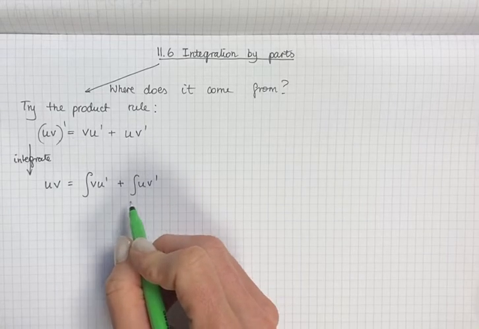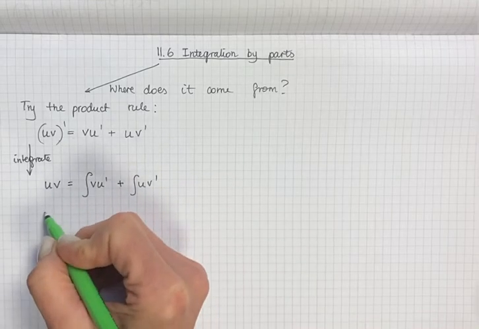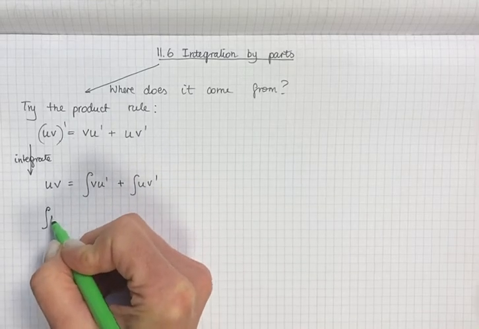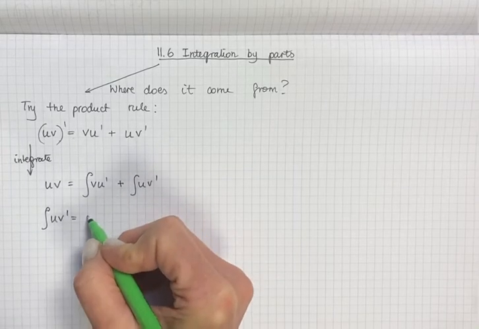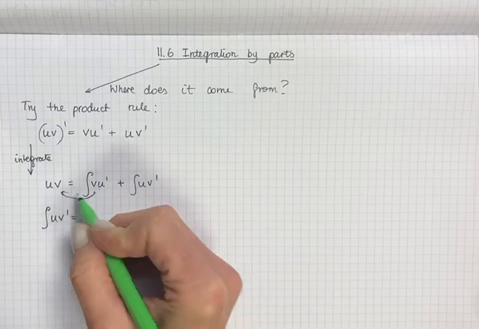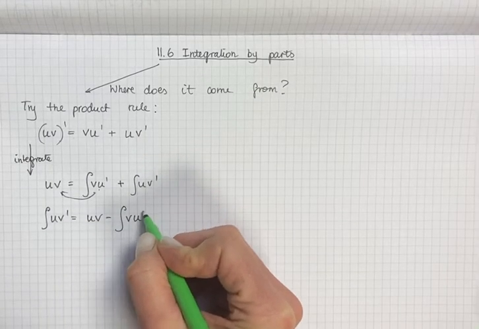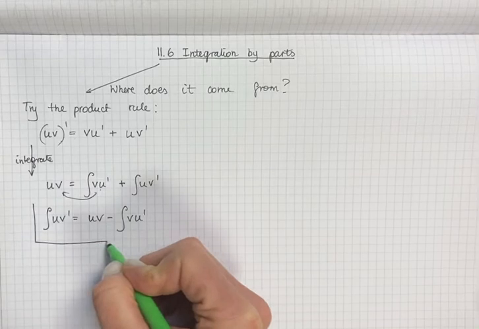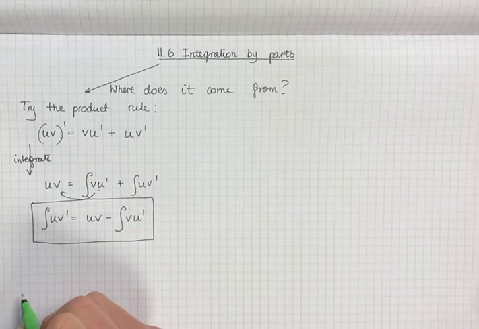So we are going to leave the integral of uv' on the left-hand side, and then move this one onto that side, so you have uv minus the integral of vu'. And this is a very shorthand way of writing the integration by parts.